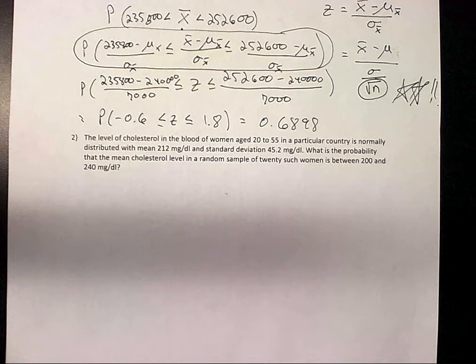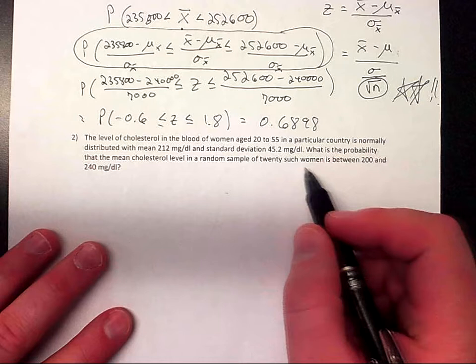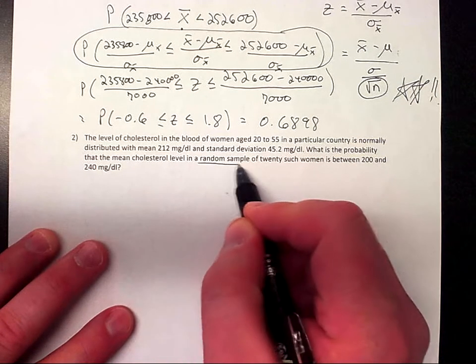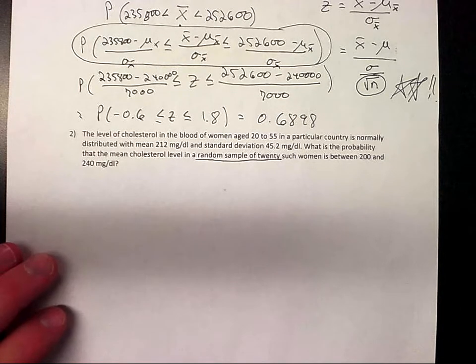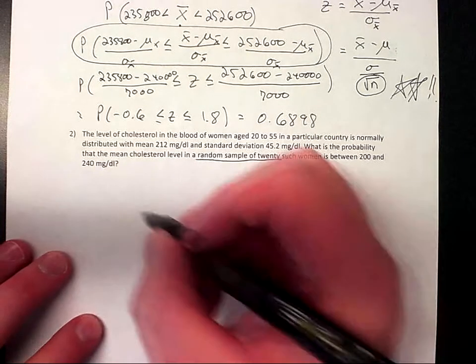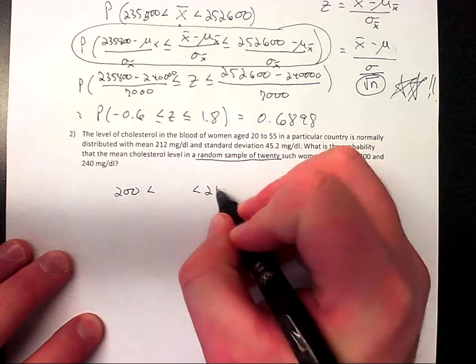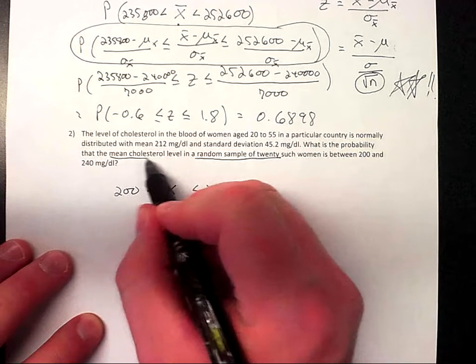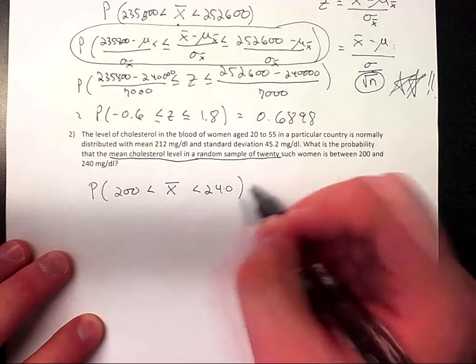All right, so we know that we have a normal distribution, and what we're trying to figure out is what is the probability that a random sample of 20 of these women is between 200 and 240. So between 200 and 240, trying to figure out that the mean cholesterol level, so X bar, is between these two cutoffs.